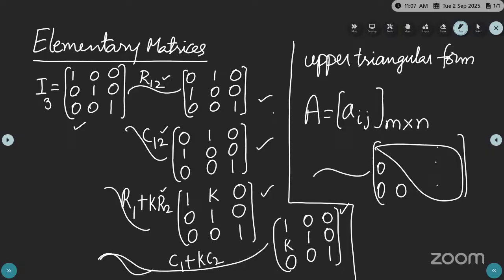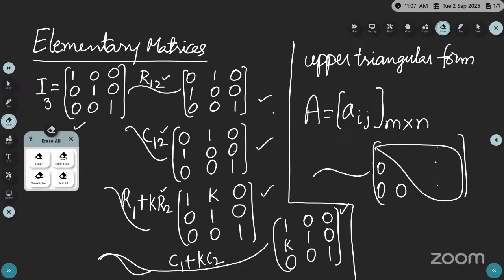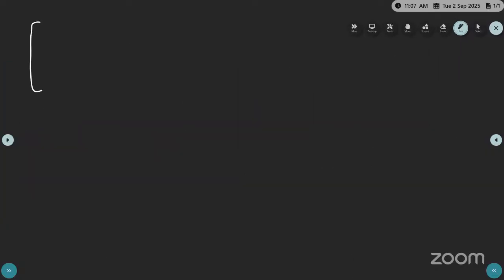Second row: 6, 3, 1, 7. Next: 2, 1, 0, 1.